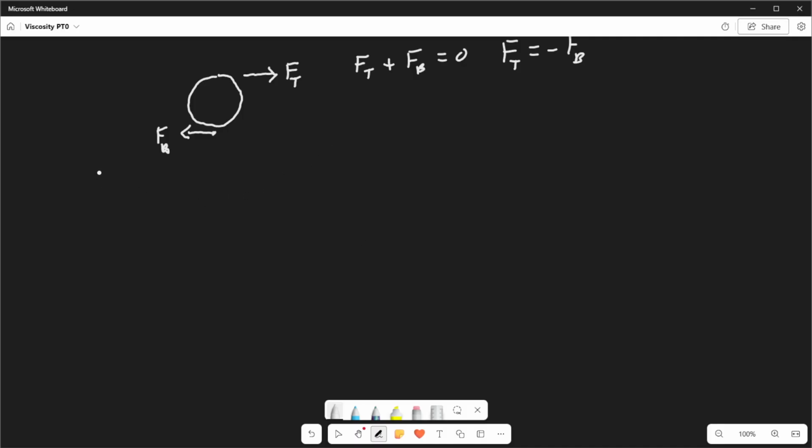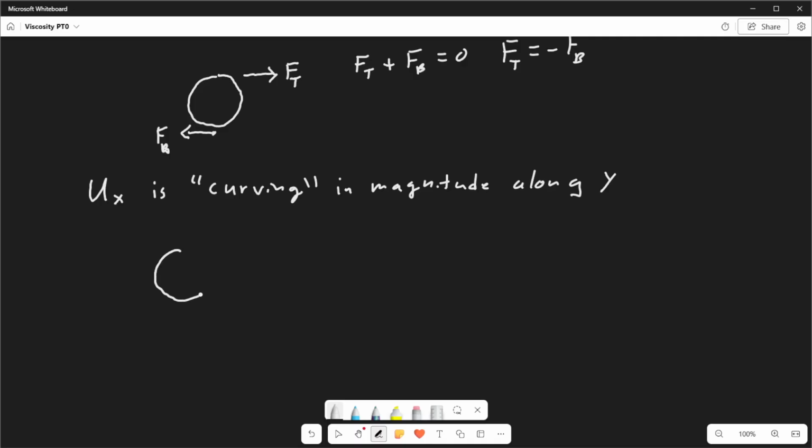So suppose ux is curving in magnitude along y. So basically I have this case again. And there's basically a ux up here.